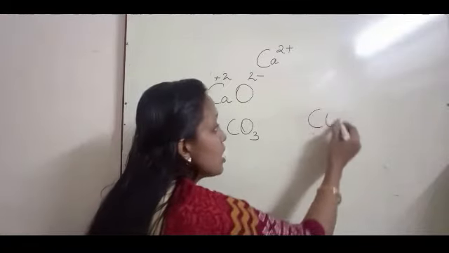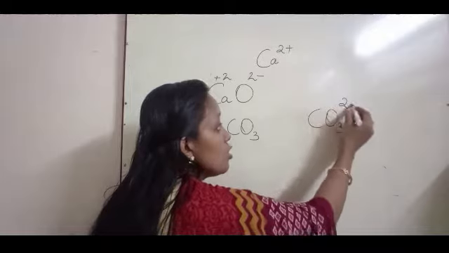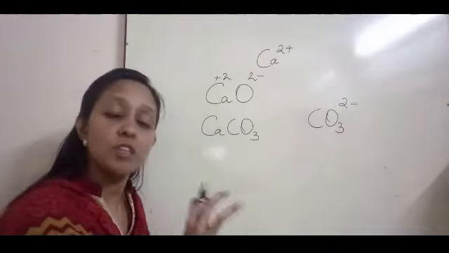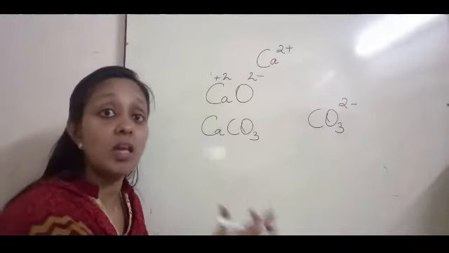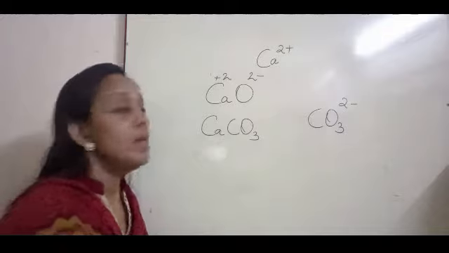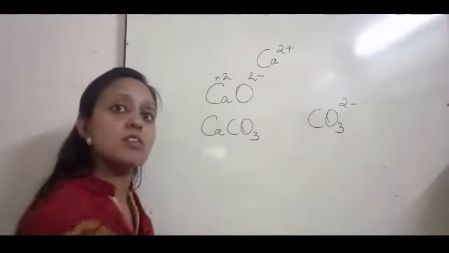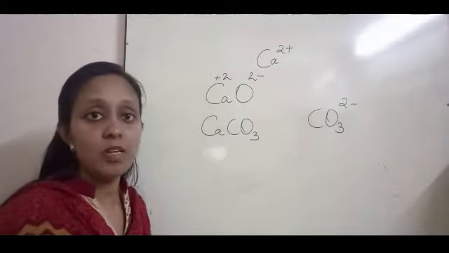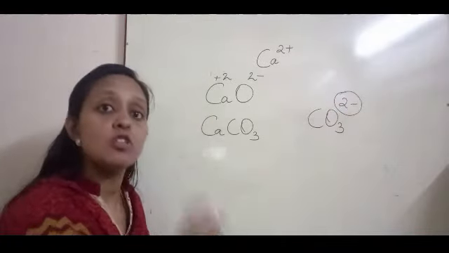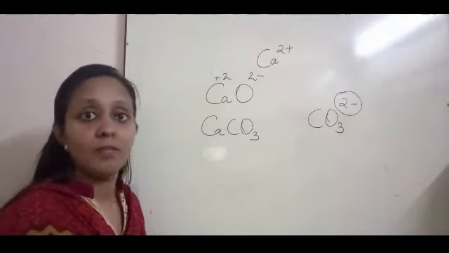We know that it is CO3 2 minus. And this 3 is actually a part of the radical. Don't think that this 3 is something that is obtained after exchange. No, it's actually a part of this radical, CO3. Did you understand? And see the valency of that radical CO3? It is 2 minus. Have you followed?